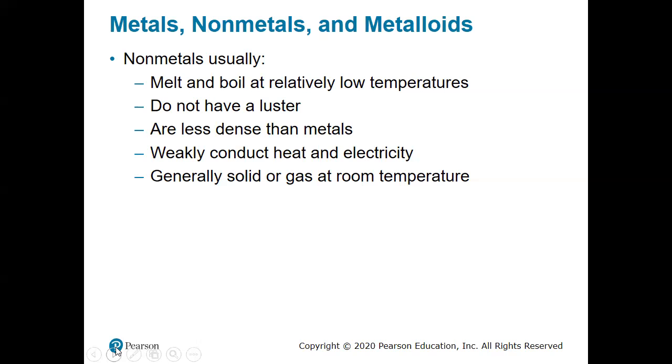The ones that are solids tend to melt pretty easily. So when we think about solids of nonmetals, we're thinking about things like phosphorus and sulfur, which generally speaking, melt really easily. Doesn't take a whole lot of heating to do it. We can melt either of those using a laboratory burner. Whereas we really can't melt any of the metals that we've been talking about in the same way.